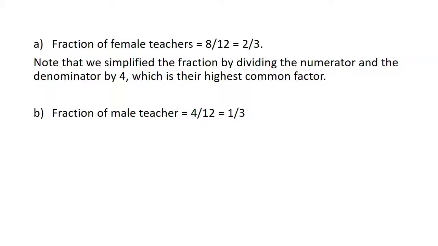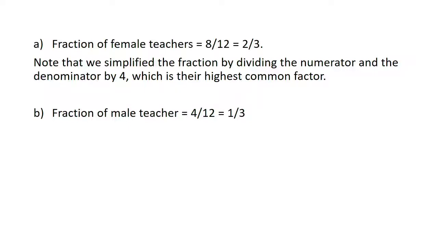And therefore, if you add the fractions of the female to the fraction of the male teachers, your answer must be 1. Okay? It's the same as when you add the number of female teachers to the number of male teachers, you should get the total, which is 12. And therefore, if you add the fractions, the total must give you 1.